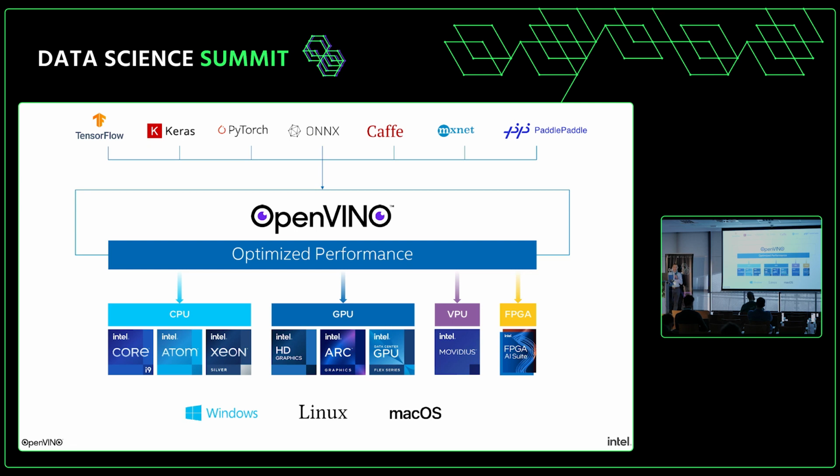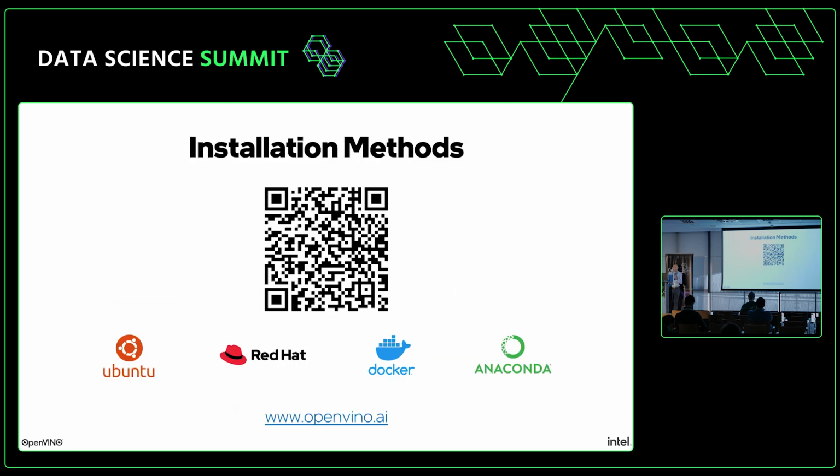So what are the steps to use OpenVINO? The first step is, of course, install OpenVINO. There are many ways to install OpenVINO. If you scan this QR code, there is a selection tool. You can click your configuration and you will get the best way to install OpenVINO in your situation.